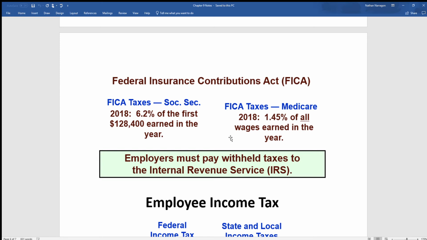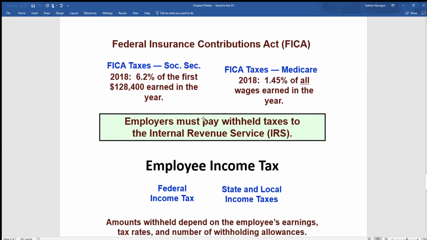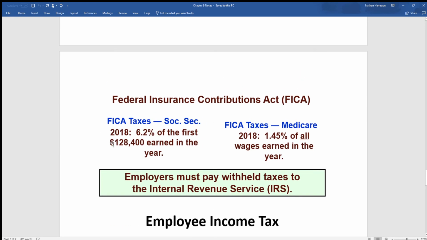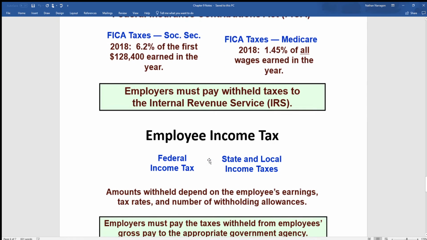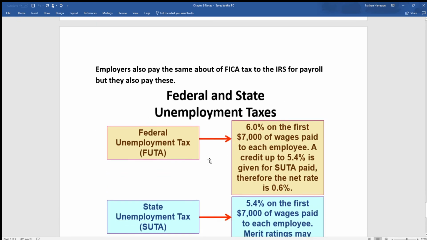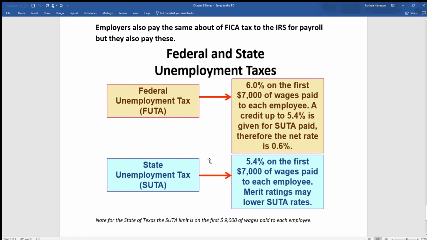So it ends up being like 12.4% in Social Security on any income you have in that business under self-employed, and about 2.9% in Medicare. Okay, so those you will pay if you're self-employed. This is only half of it. So again, that's one thing to always watch out for.